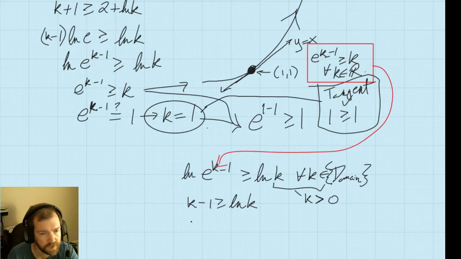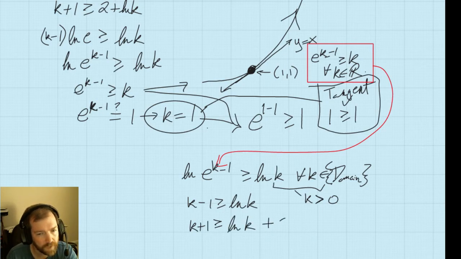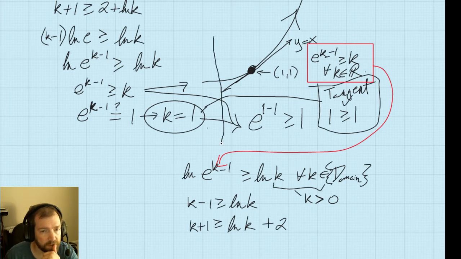Add 2 to both sides, you get k plus 1. Plus 2. Let me just keep backtracking this. Wow.